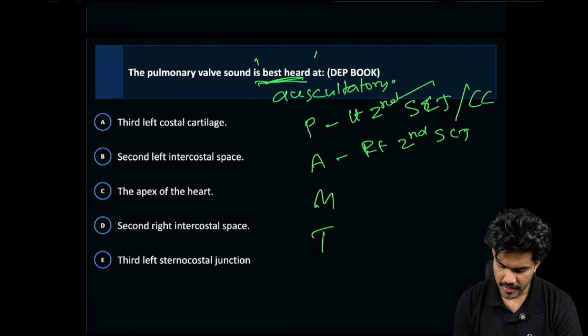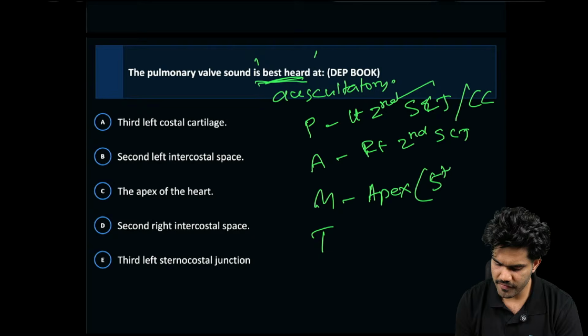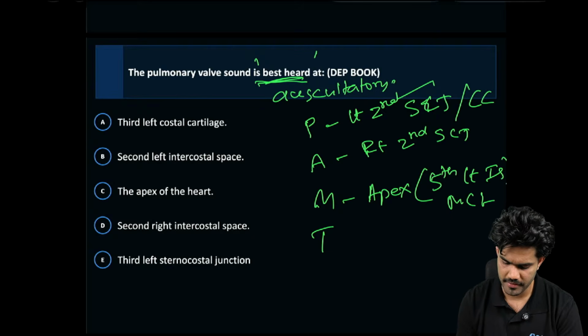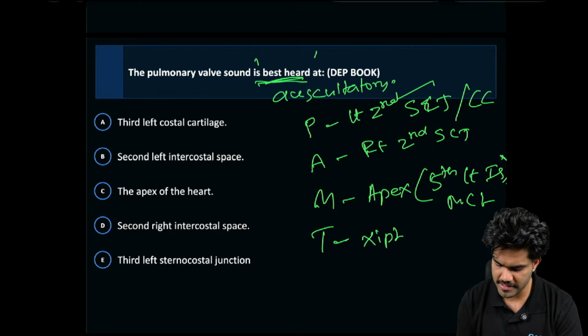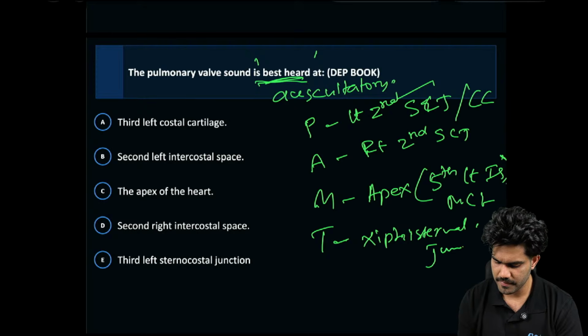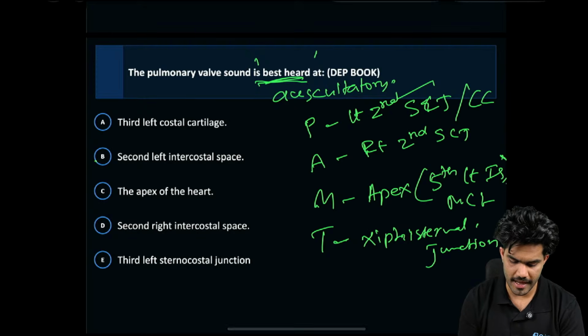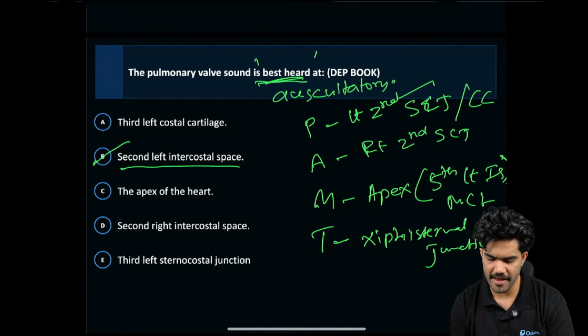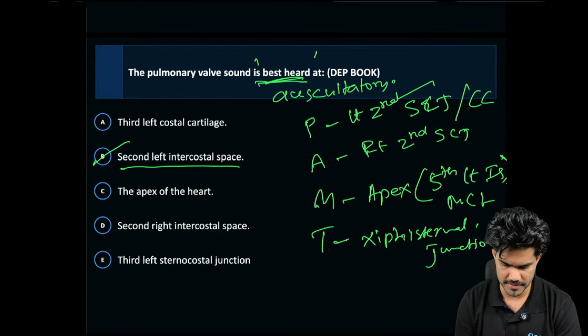Now mitral valve at the apex. Apex means 5th left intercostal space, mid clavicular line. Now tricuspid at the xiphisternal junction. So the answer will be second left intercostal space.